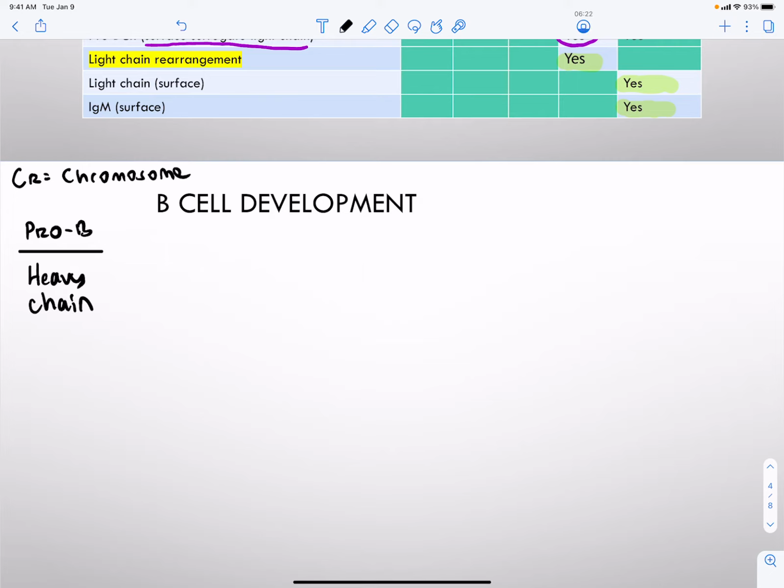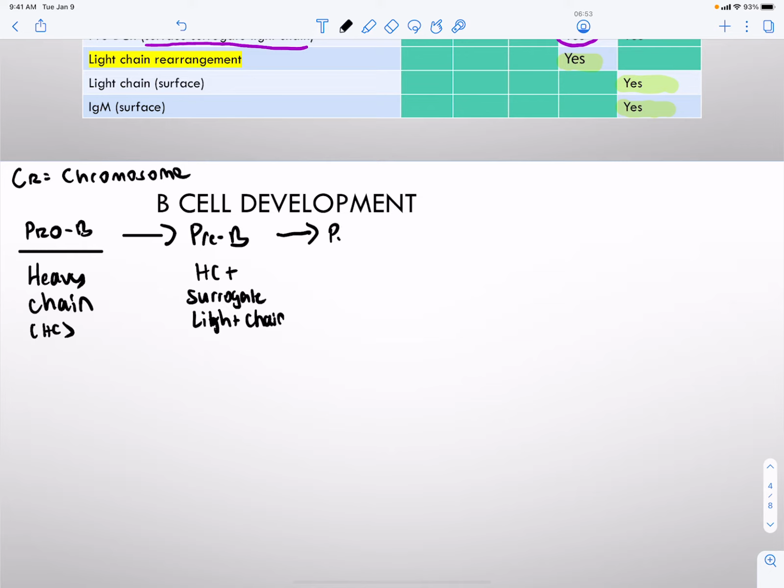And then we're going to have our pre-B, and this is where we'll have our surrogate light chain. So I'll call this heavy chain. And then we have our heavy chain plus surrogate light chain. And we also have in our pre-B our light chain rearrangement.